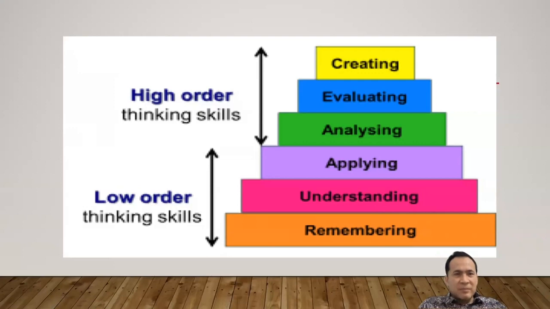Here we have to be ready for the next session. If you use verbs from the other thinking skills, creating, evaluating, analyzing, you are under high order thinking skills. Just have a look at this one.